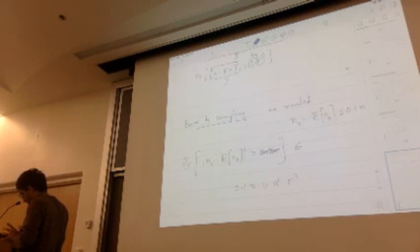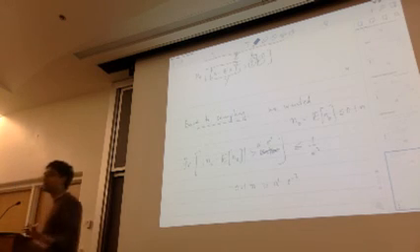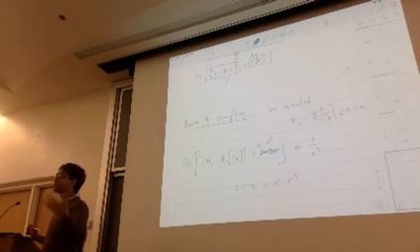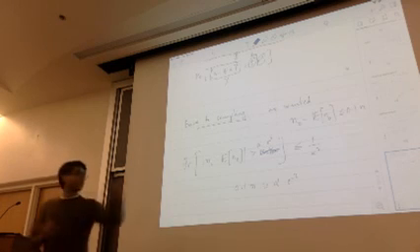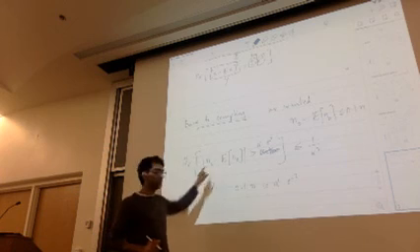Then you would get that this probability is less than 1 by alpha squared. In some sense I've got to evaluate what sigma squared is for the random variable n0.